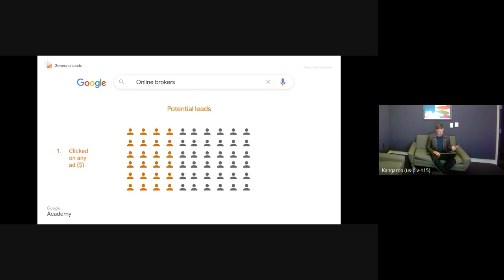Okay. So out of all of those potential leads, a certain number of those are going to click on an ad. And your client or you yourself are paying every time someone clicks on that ad. So out of all of the potential customers, this is what we associate with click-through rate. So it's basically the number of people who clicked the ad divided by the number of people who saw the ad, and we're paying for each one of those.